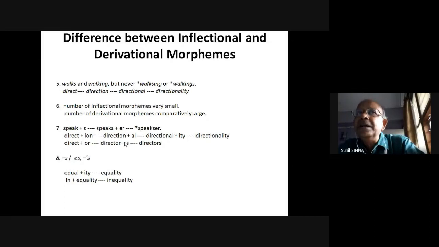Speak, speaker, speakers. But when you add an inflectional morpheme to speak, plus S, speaks, then the door is closed. You cannot add any other morpheme, whether it is inflectional or derivational.